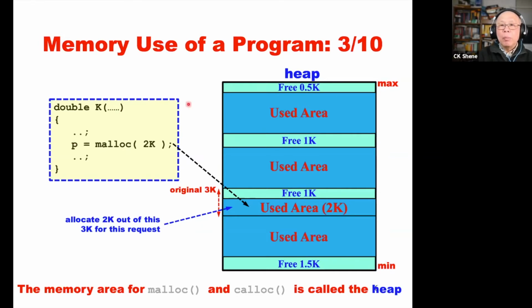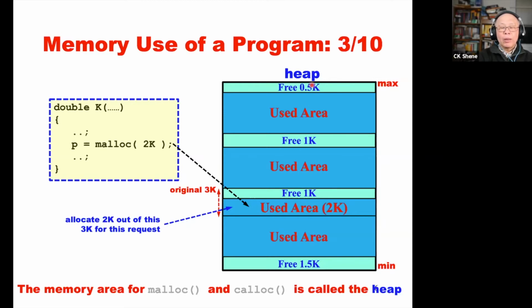So the memory area for malloc and calloc is referred to as the heap. So we know a program has a global variable area, an area to store the machine instructions, and an area for malloc and calloc and all alike to use. So we learn three.